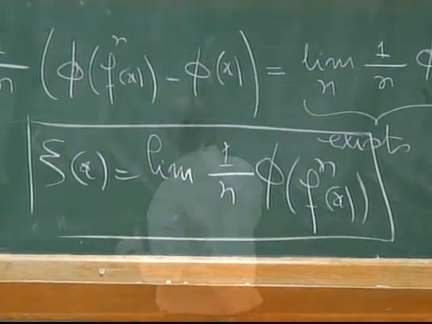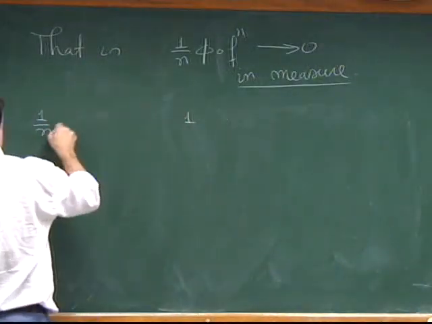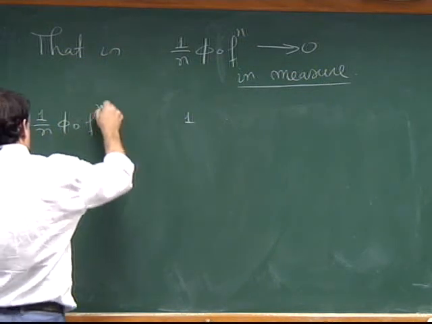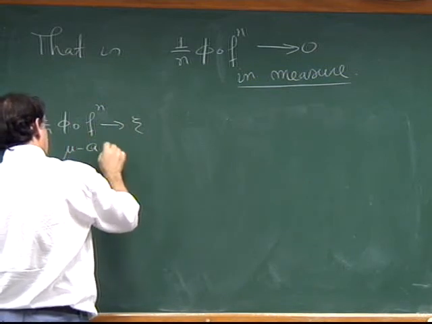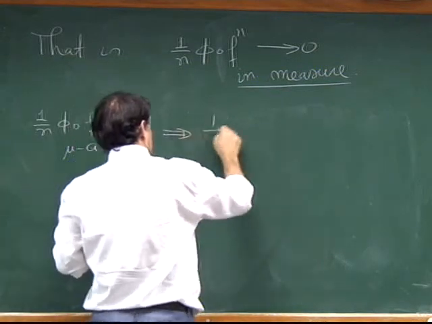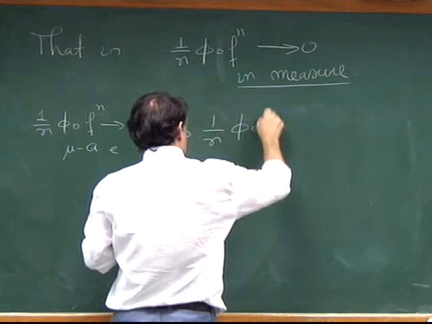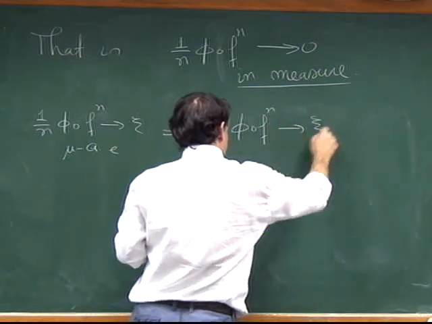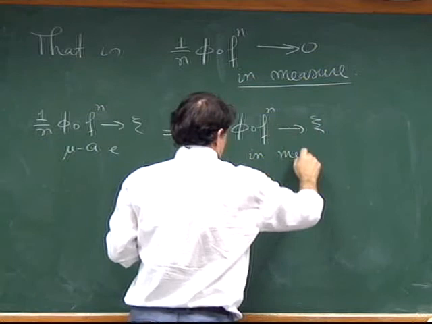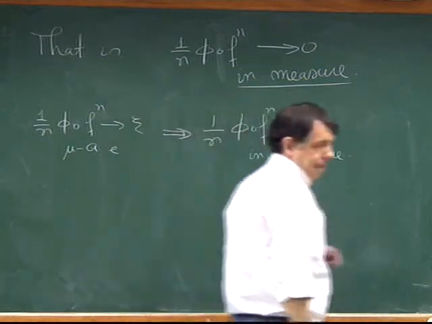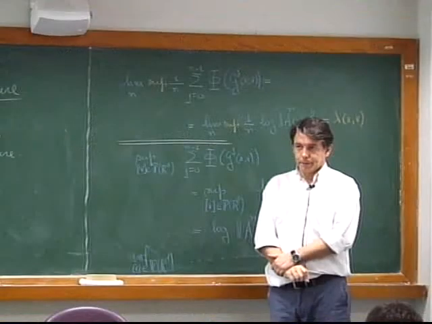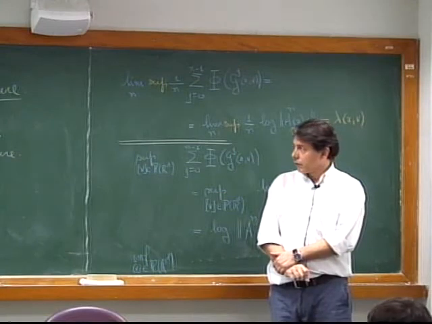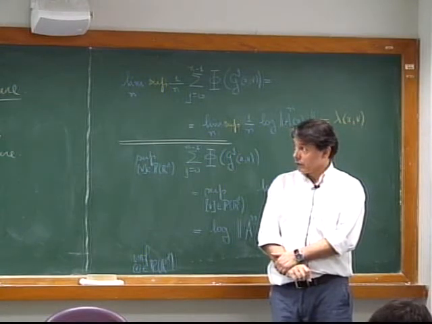1 over n phi composed with f^n converges to xi almost everywhere, which implies that it converges to xi in measure. There are many notions of convergence for sequences of functions. Convergence in measure is the weakest one. So if the sequence converges almost everywhere, it converges to the same limit in measure.